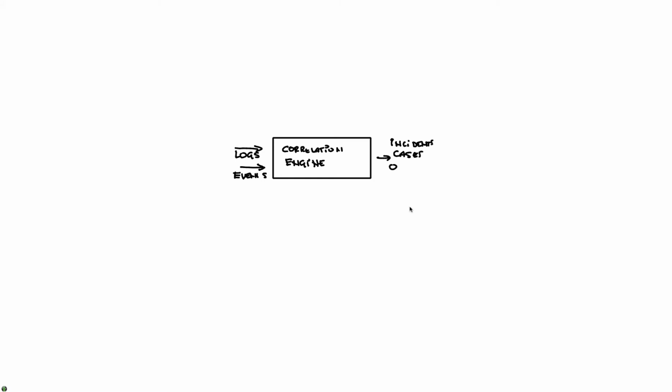Well, any SIEM has a correlation engine with some rules in it that allows it to take as input logs from applications and devices and events, and using those rules produces what some people call incidents, cases. We prefer to call those offenses.